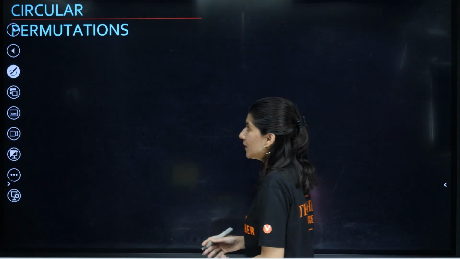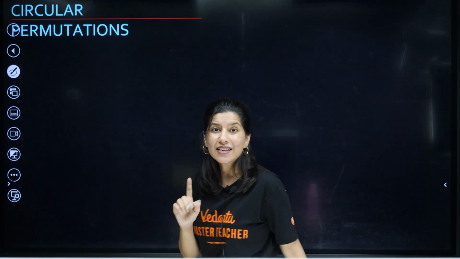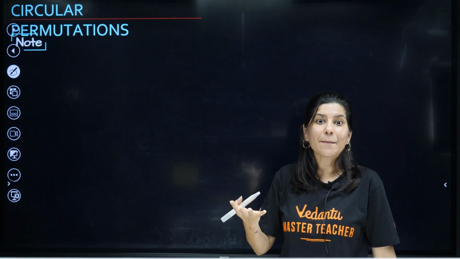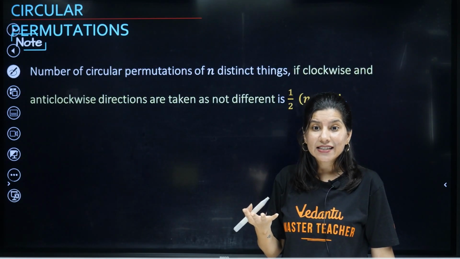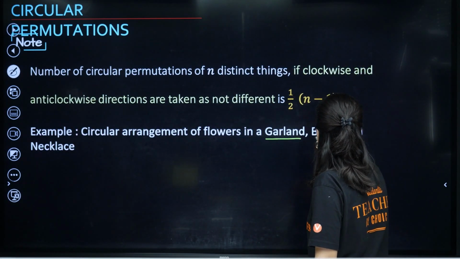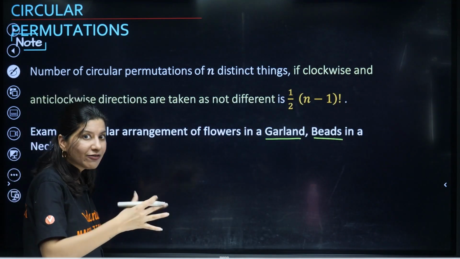Let me give you an example. But there are some circular arrangements where you can flip as well, for example garland, beads, necklace. In these examples you can flip it.